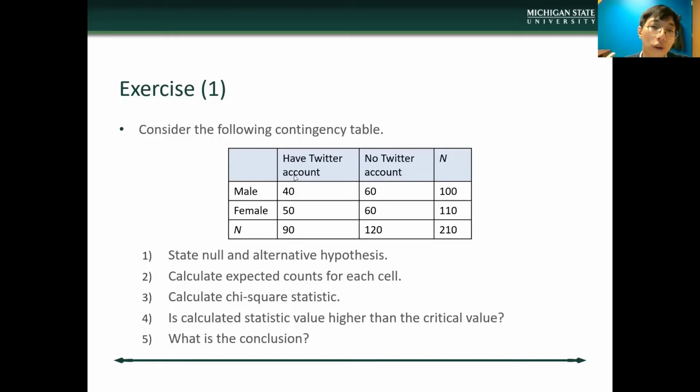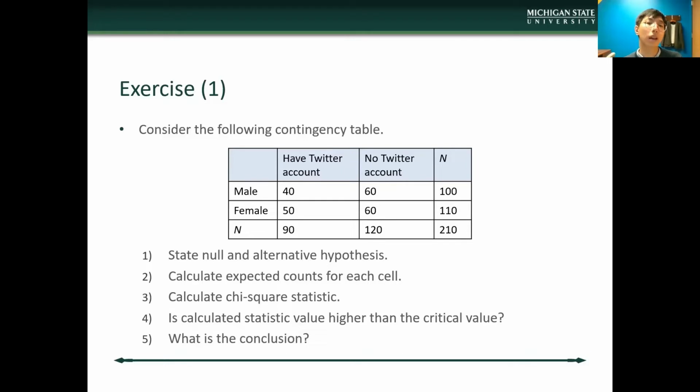According to the contingency table, 40 males have a Twitter account, but 60 males do not have a Twitter account. However, 50 females have a Twitter account, but 60 females do not have a Twitter account. In total, there are 210 people.